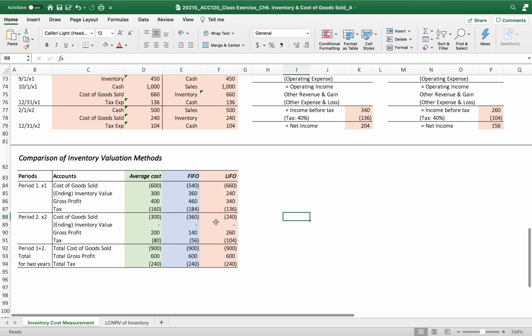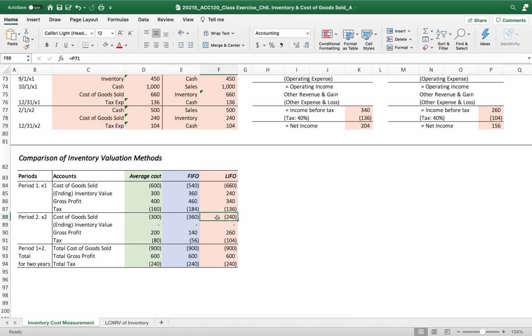But in the second year, the cost of goods sold under LIFO is now the cheapest, because the remaining ending balance of the last year was the cheapest ending balance, so 240. Because of this low amount of cost of goods sold, the gross profit is high at the same level of sales, and then they pay more tax.